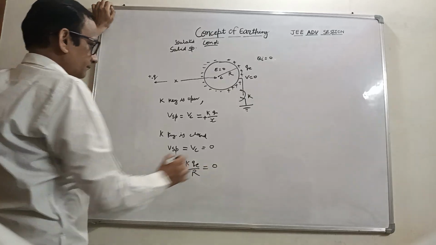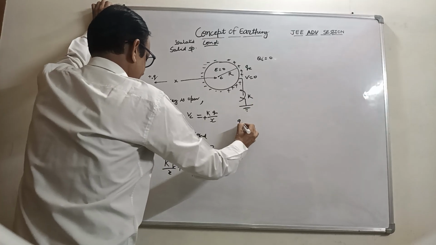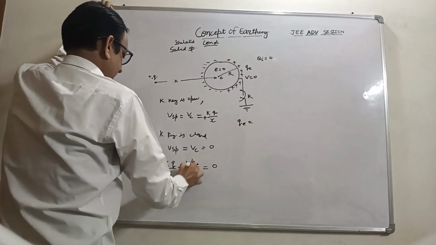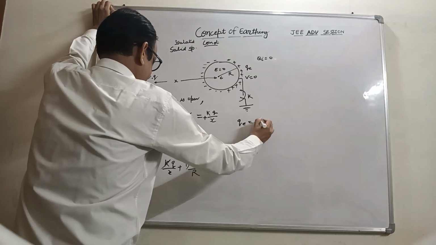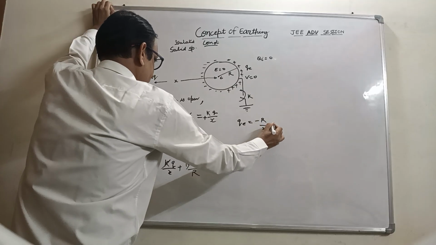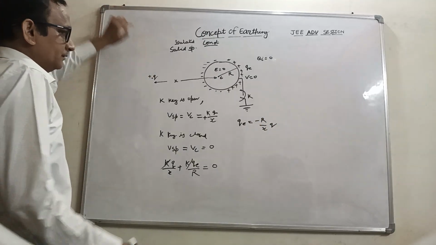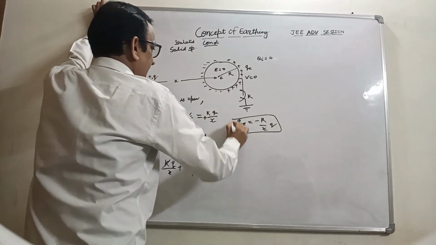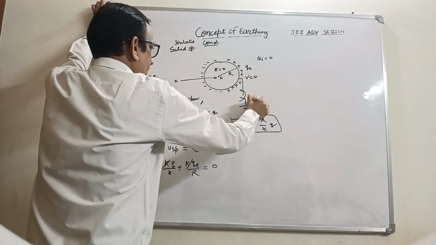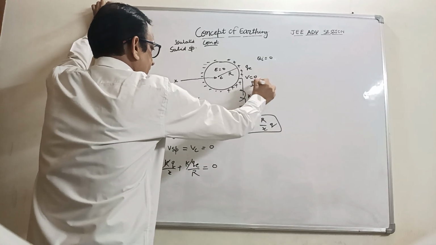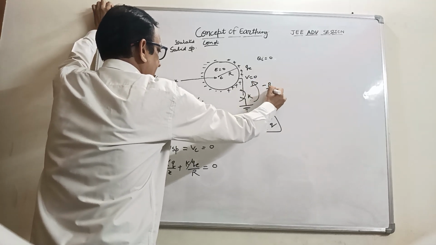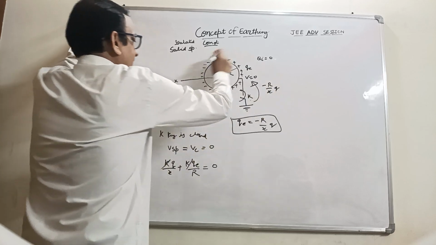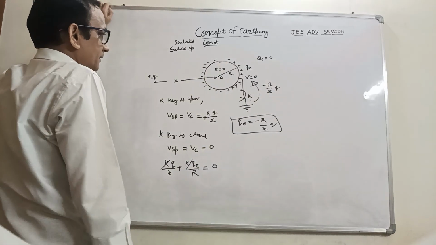So qe would be, k and k cancel, minus r upon x into q. This negative charge is transferred from the earth. So minus (r/x)q charge would be transferred from the ground.